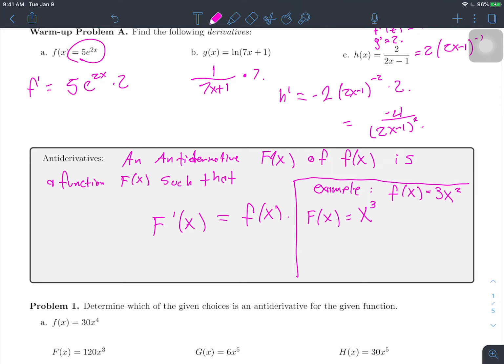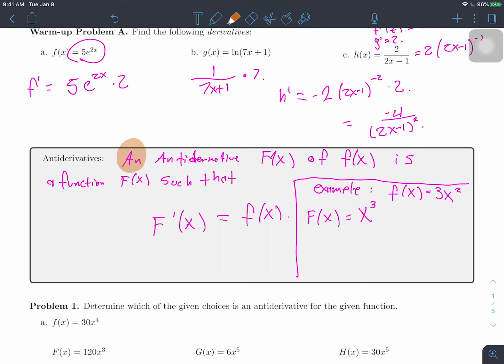Now, one thing I want to point out here is the fact that I used the word "an" antiderivative. I didn't say "the" antiderivative. Okay, the reason I didn't say the antiderivative is because the antiderivative is not unique. Okay, what does that mean?